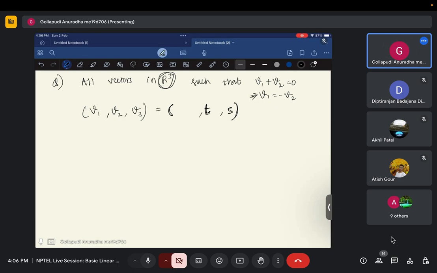Then as this condition is applied, v1 will be equal to minus t. So this is the condition for the components of the vector. So how can I write this? I can write in this way.